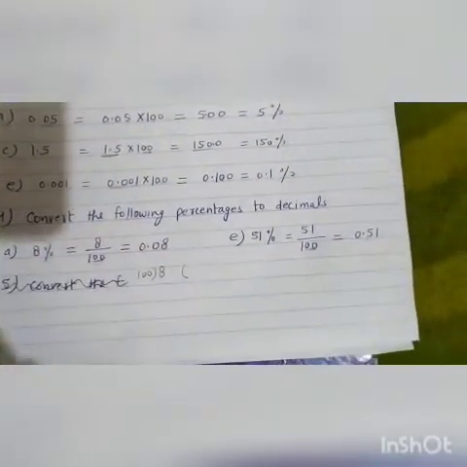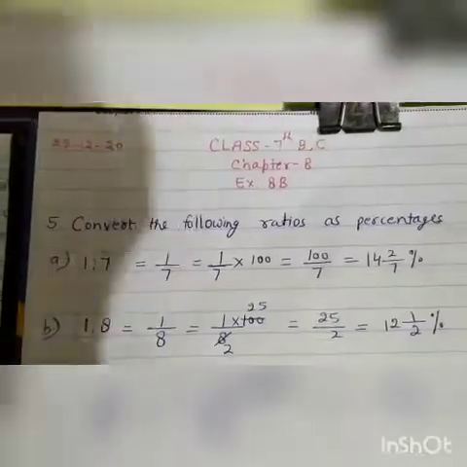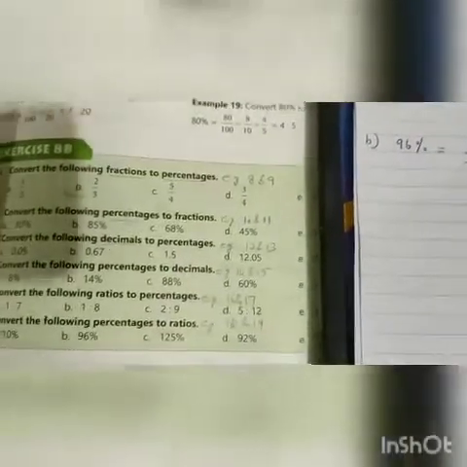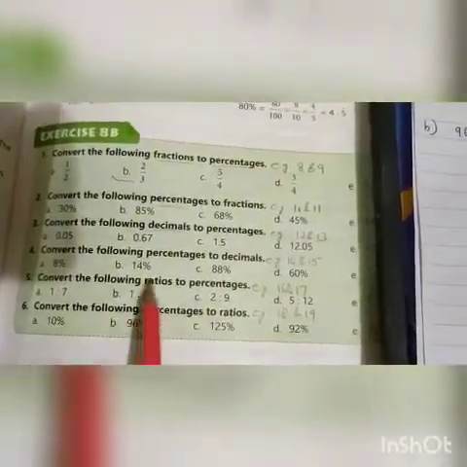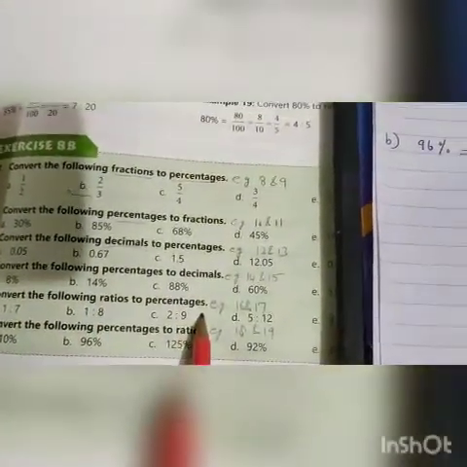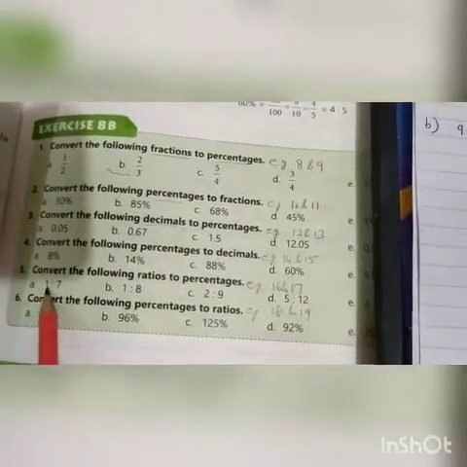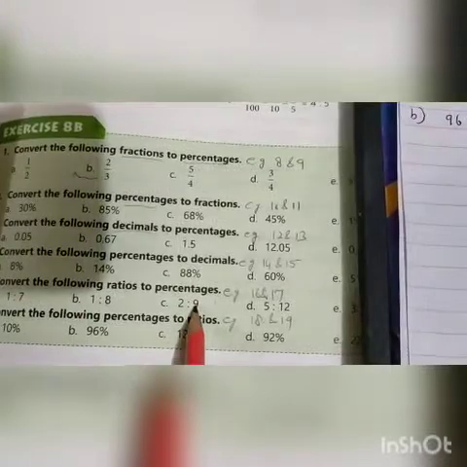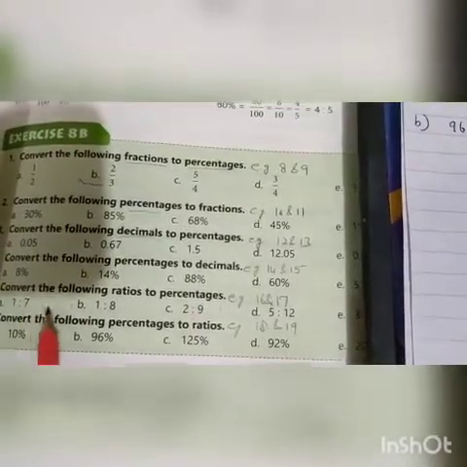Now come to question number 5. Question number 5 is: convert the following ratios to percentages. In this question a ratio is given: 1:7, 1:8, 2:9, and we have to convert these ratios to percentages. How can we convert a ratio to a percentage? See here.